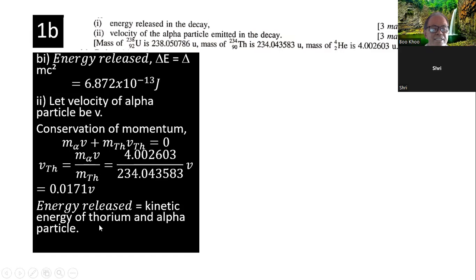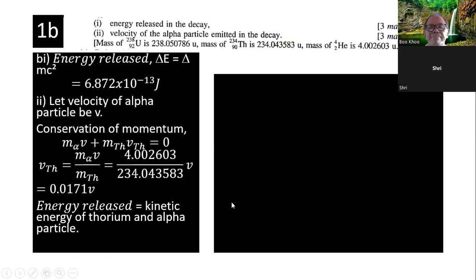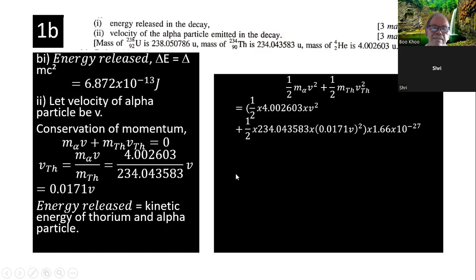And calculate your kinetic energy. Energy released equals the kinetic energy of thorium and alpha particle. That's the energy of alpha, and that's the kinetic energy of thorium. So kinetic energy of alpha is half mass of alpha times speed of alpha squared, plus half mass of thorium times velocity of thorium squared.